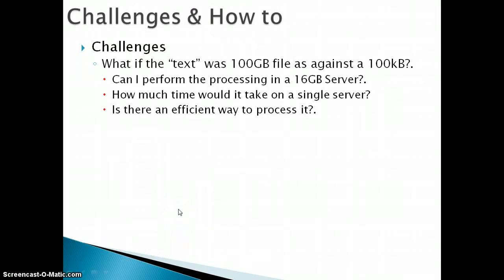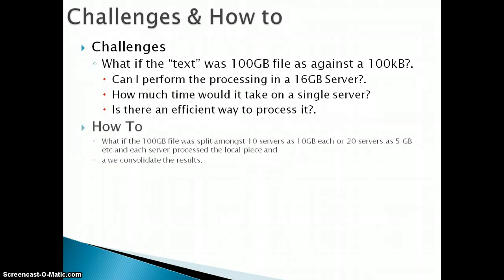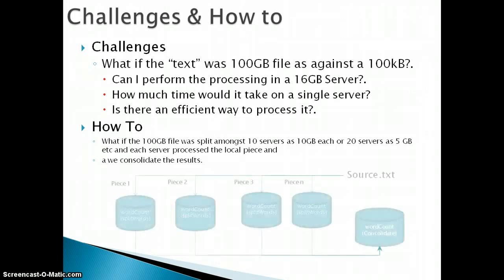So let's see how we could address this and how it was being looked at by various programmers and architects. What if this 100 GB file was split amongst 10 servers and processed, or about 20 servers with 5 GB size each processed on individual servers, and we consolidate the outputs into another output on a single server, like what you see in the picture here.